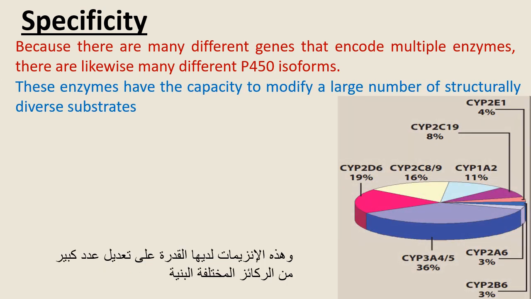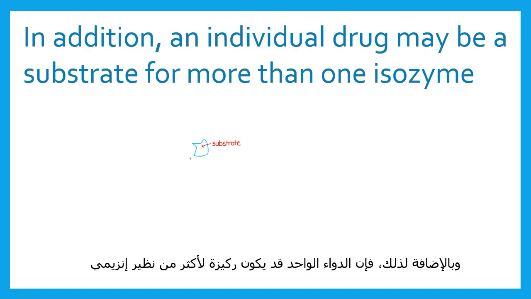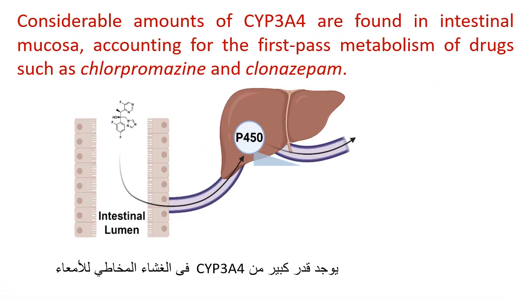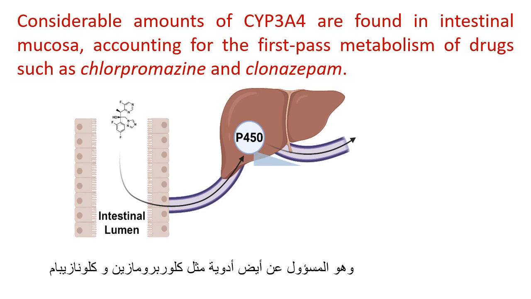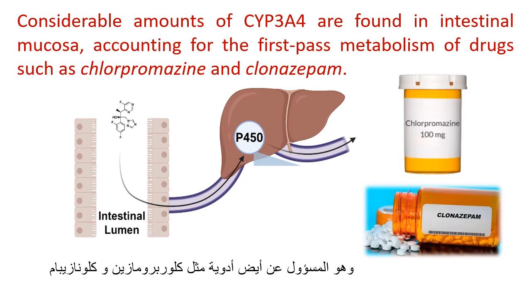These enzymes have the capacity to modify a large number of structurally diverse substrates. In addition, an individual drug may be a substrate for more than one isozyme. Considerable amounts of CYP3A4 are found in intestinal mucosa, accounting for the first-pass metabolism of drugs such as chlorpromazine and clonazepam.